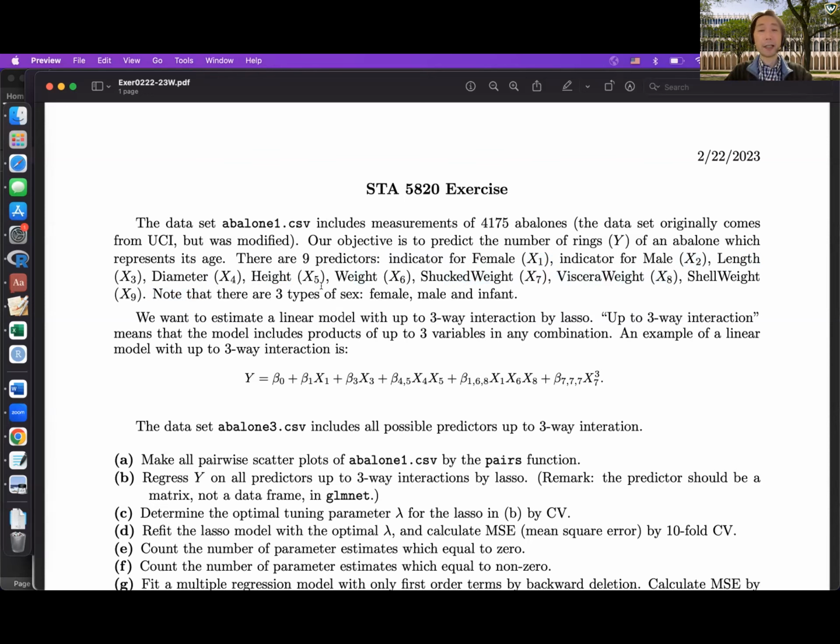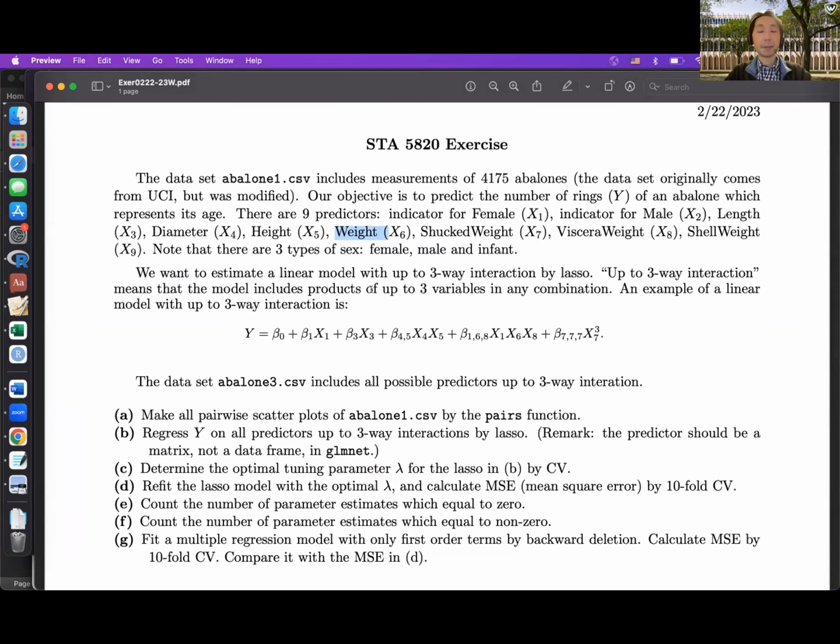And obviously, we have differences in dimension. For example, the diameter is a 1-dimensional quantity, but the weight is a 3-dimensional quantity. Assuming the dimensions are different, we also consider the quadratic term and the cubic term of these variables. Then we want to find the best model among these kinds of models.